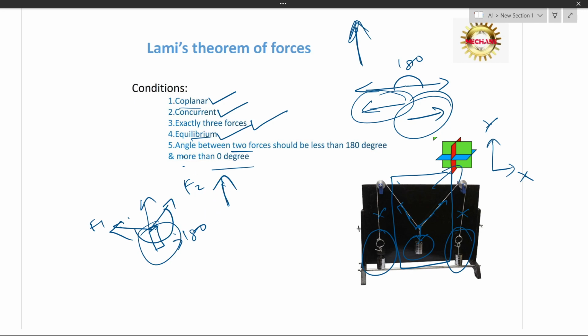That's why I derived a condition for the angle. It should be less than 180 degrees and more than 0 degrees.